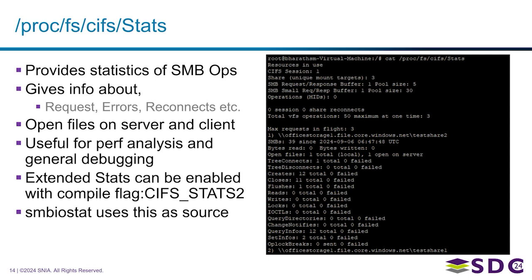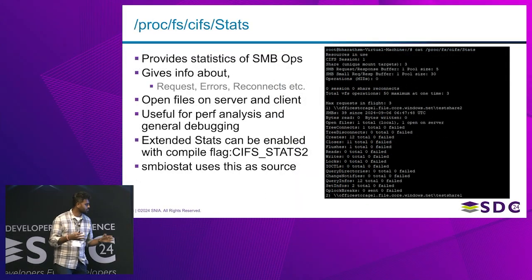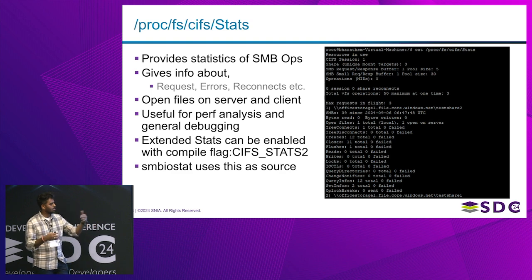So this provides a very high-level overview of what is happening in the file share, whether there are any reconnects and other stuff. If you want a more granular version of the statistics, you can enable the cifs-stats2 compile flag, which provides details like the slowest request and the average latency for each request. I'll talk more about this in my next slides, where we use eBPF to do the same.